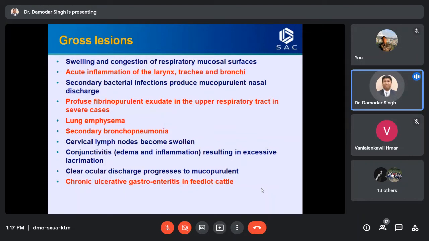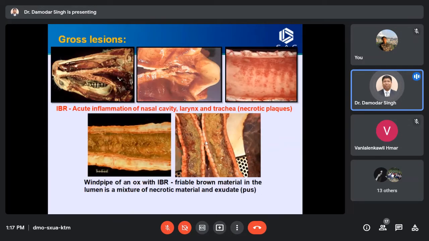And for the enteric form, you may observe chronic ulcerative type of gastroenteritis in feedlot cattle. Okay, in enteric form.